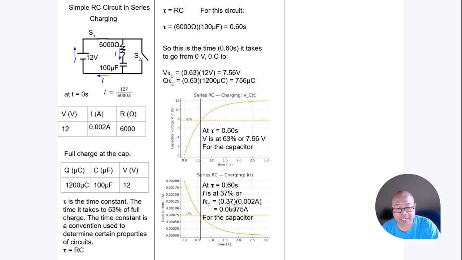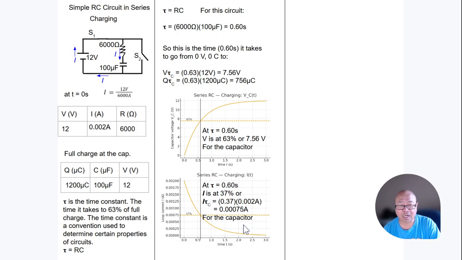Now we can calculate that current at 0.60 seconds at 37%, and I'll explain in class why that's 37%. And so 0.37 of that 0.002 amps is 0.00075 amps. And you can tell it fits right there on your graph.